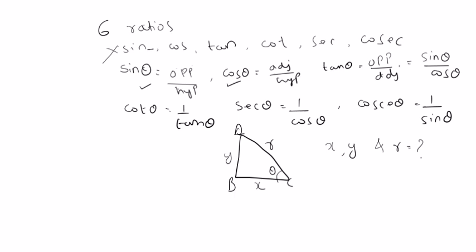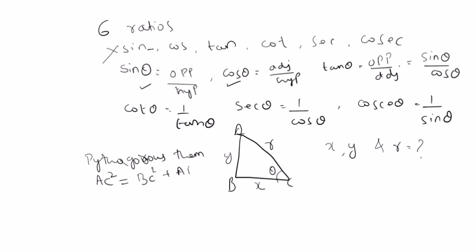Here it is a right angle triangle. We have the Pythagoras theorem. What is Pythagoras theorem? Pythagoras theorem is always hypotenuse square equal to adjacent square plus opposite square.